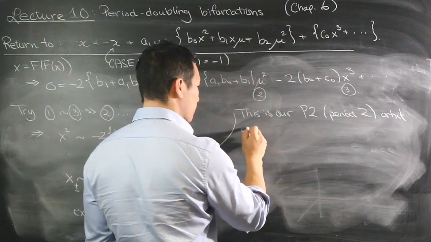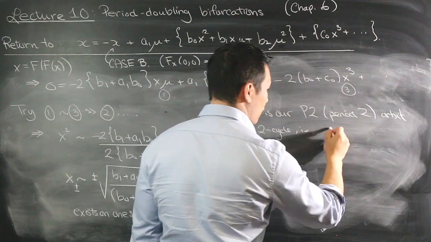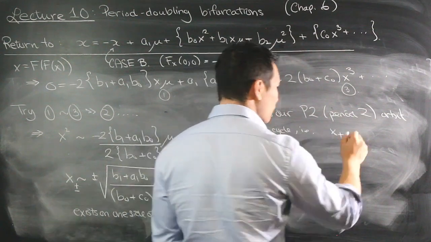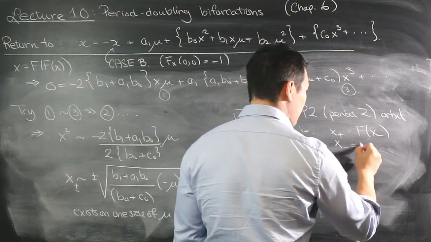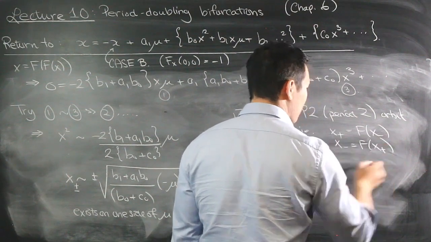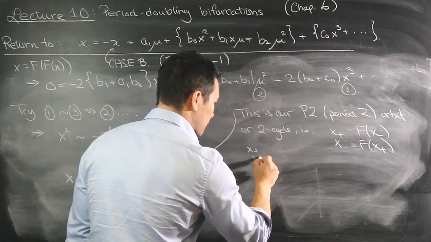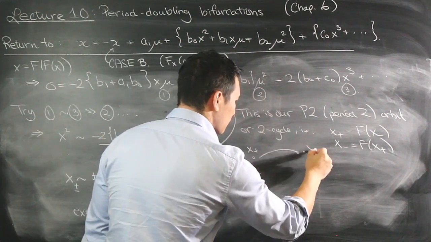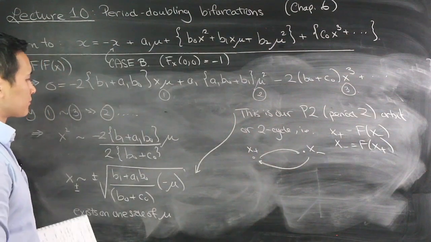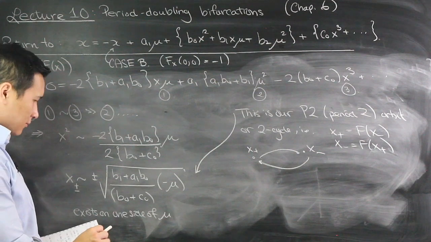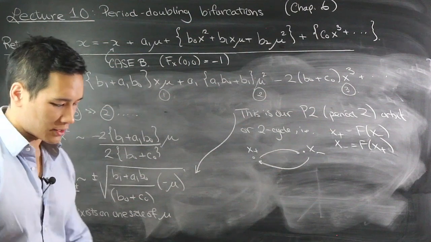Or our 2 cycle. i.e., x plus will be equal to f of x minus, and then similarly x minus will be equal to f of x plus. Okay, so it's bouncing back and forth between those 2 points. X plus sends to x minus, and then x minus sends back to x plus. It exists on one side of mu, and let's draw the bifurcation diagram next.